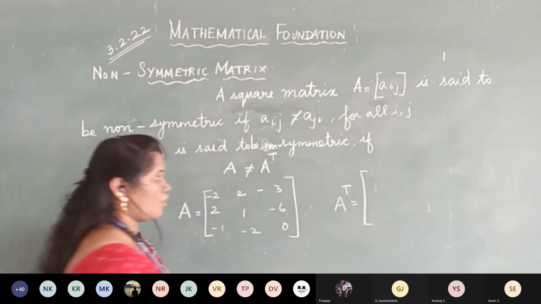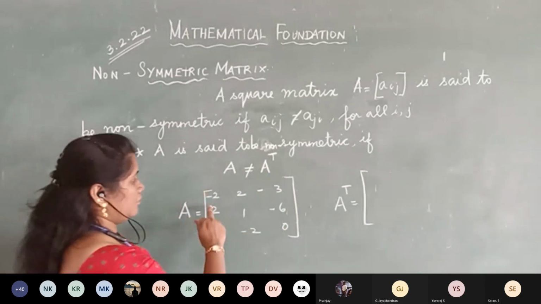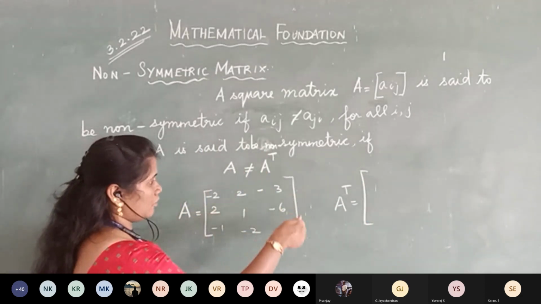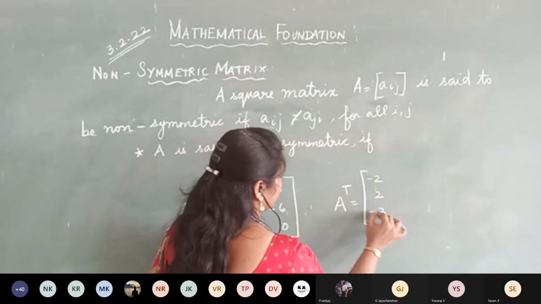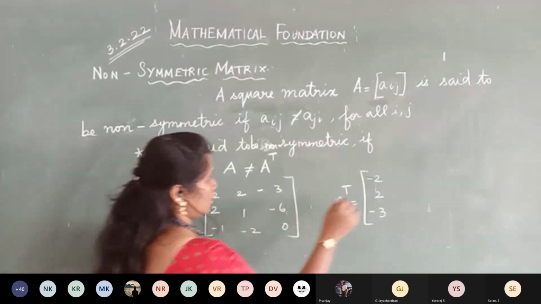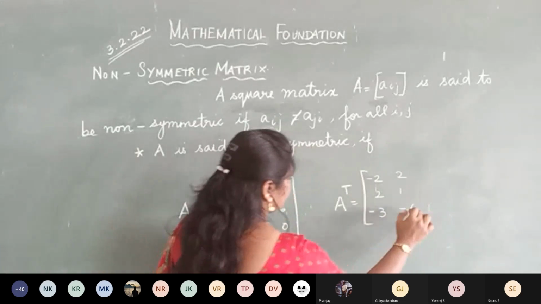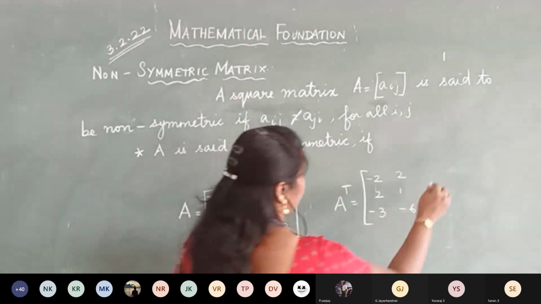For your A transpose, when you do it, you take row to column. So it will become -2, 2, -3. Second row is 2, 1, -6, -1, -2.